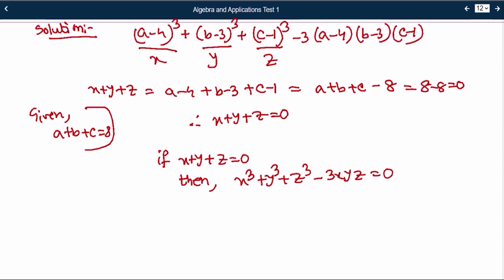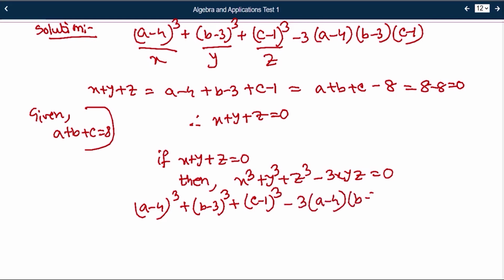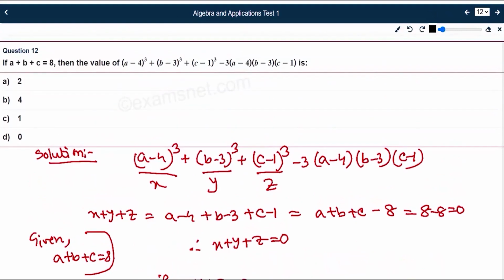So (a minus 4) whole cube plus (b minus 3) whole cube plus (c minus 1) whole cube minus 3(a minus 4)(b minus 3)(c minus 1) equals 0. So we have got our final answer, which is 0. Option D is the correct one, right?